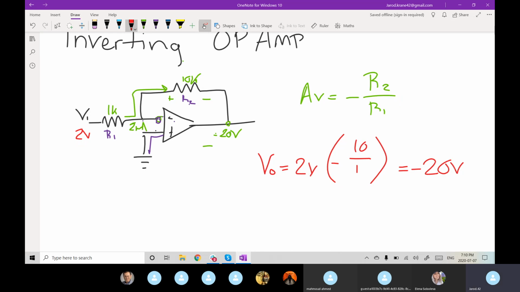And again, with the inverting it's more important that we really consider our negative supply compared to the non-inverting, since the non-inverting took a positive signal and it just made it more positive. So we never had to worry about the negative unless we were dealing with AC signals. Whereas the inverting op-amp, you send it a positive and it's going to shoot out a negative. So we have to be able to accept whatever negative voltage we're expecting.